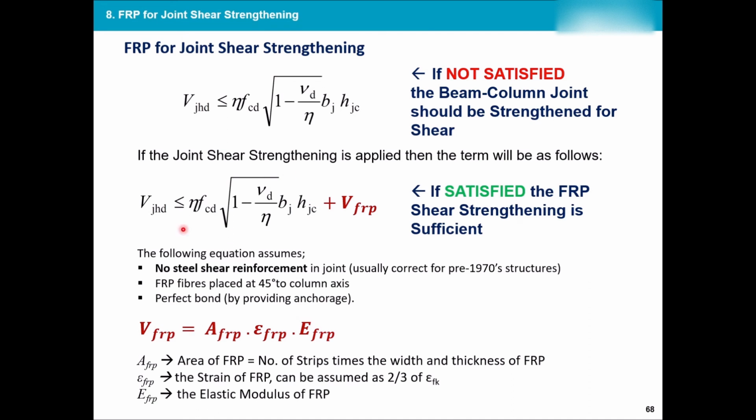So simply the same formulation that we had before: if it's not satisfied, we add some shear capacity from FRP, which simply is this formulation: area, strain, elastic modulus. And then hopefully the formulation will be satisfied.